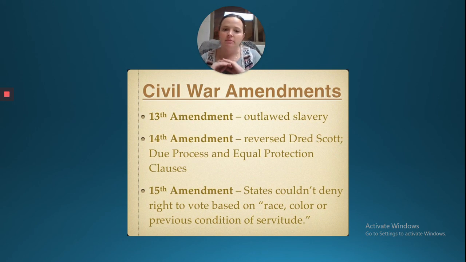So the 14th Amendment took that away and said a free person is a free person. And then the 15th Amendment said that states couldn't deny the right to vote based on race, color, or previous condition of servitude. So these amendments really took care of the newly freed population of African Americans, particularly in the South.